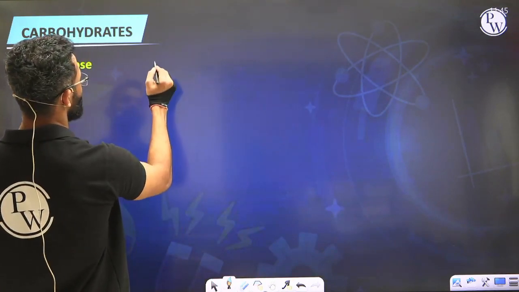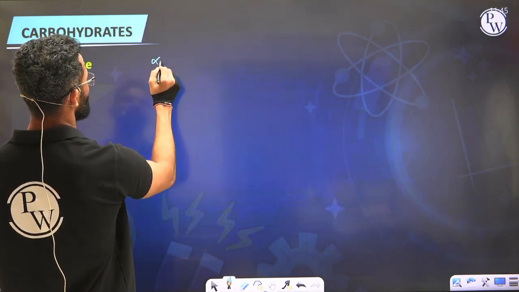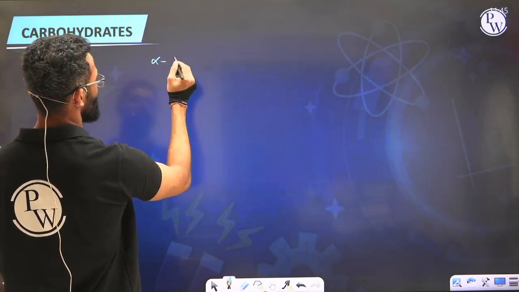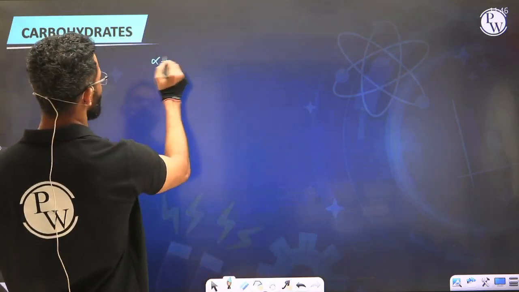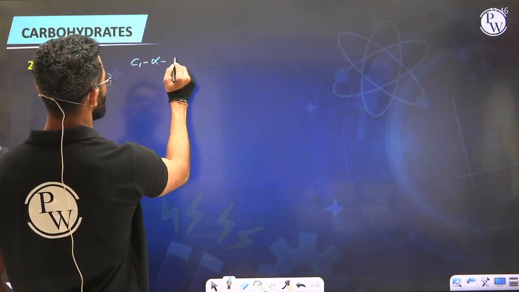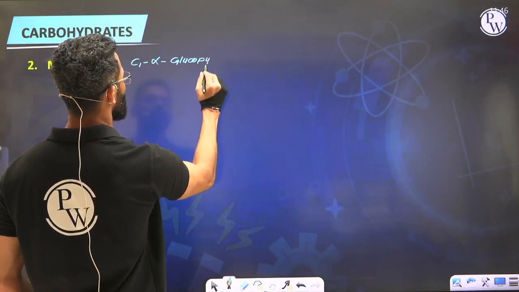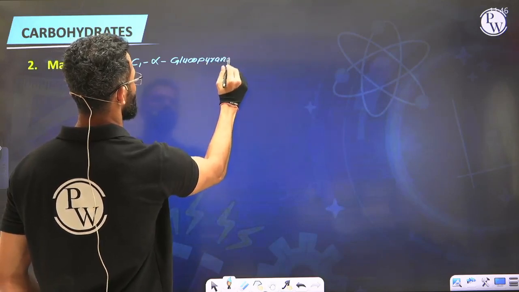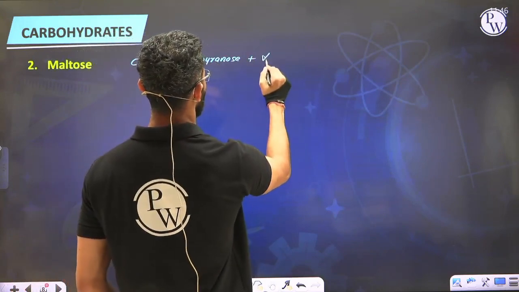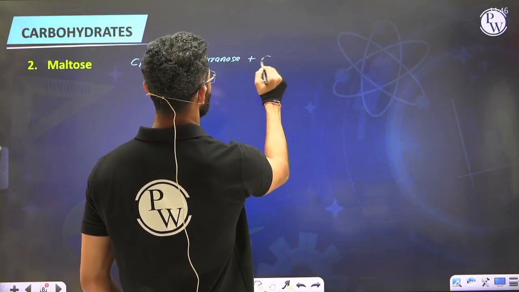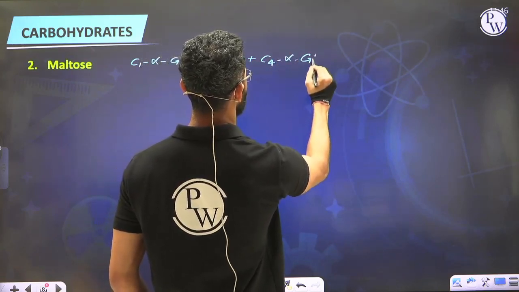Maltose is made up of alpha glucopyranose, connected through C1, plus C4, alpha, again glucopyranose.